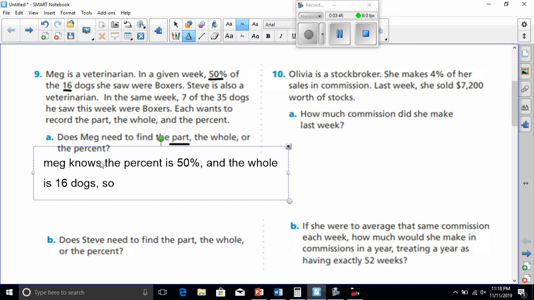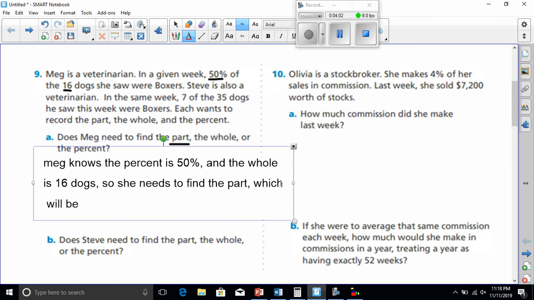So she needs to find the part, which will be the number of boxers she saw.